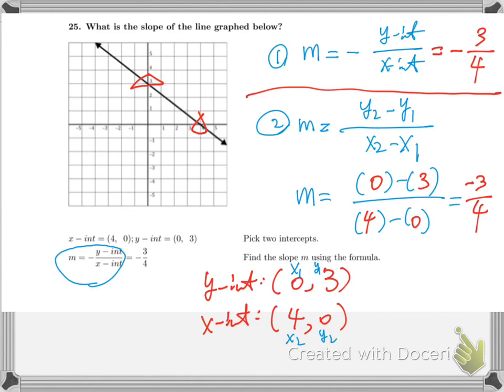So you will get the same answer. It's your choice. If you use the first formula, no calculation. But if you're very familiar with the second formula, you can label x1, y1, x2, y2 in the x and y intercepts and then use the second formula. That's the line part in the final.